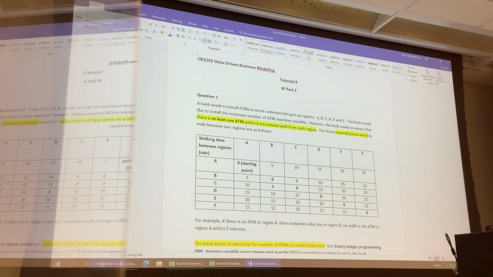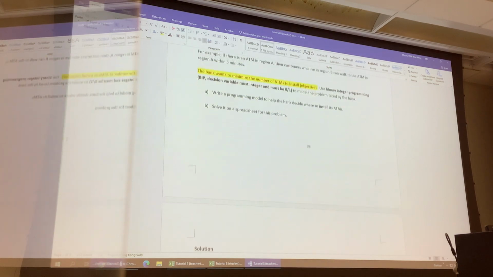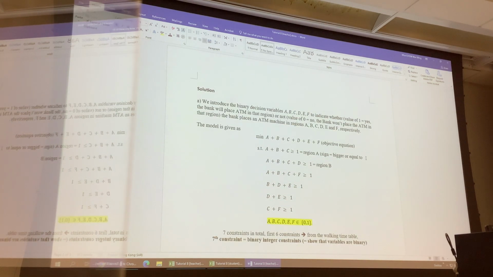That's the bank requirement. So we can exist more than one ATM placed in this region, but we have to be at least one ATM. Okay, so that is bigger or equal to for these 6 constraints in total.